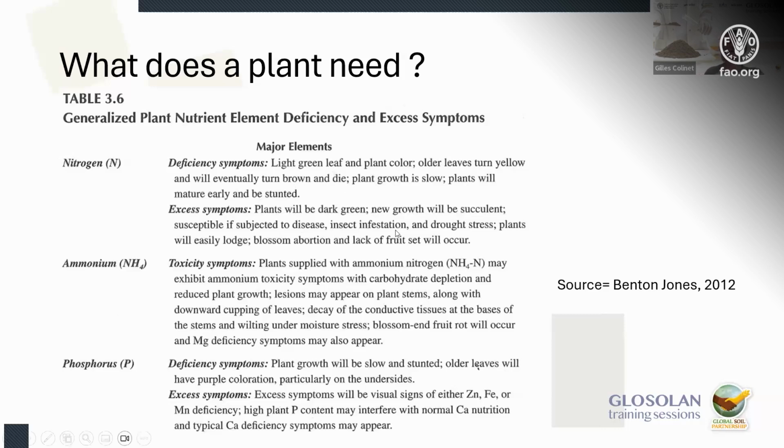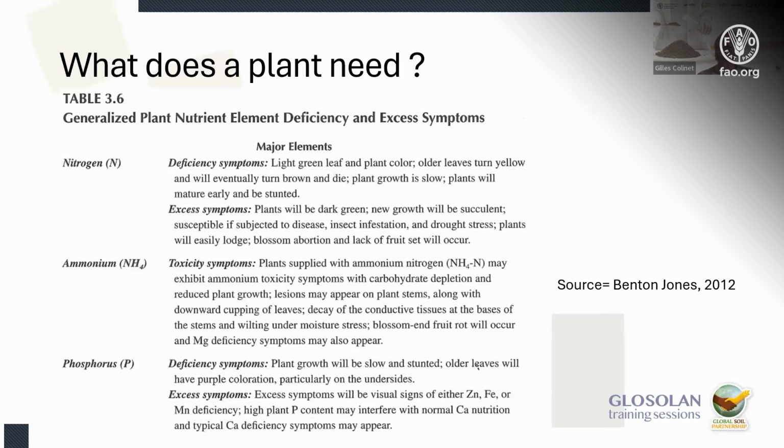And at the opposite, when you have excess of nitrogen in the soil, the plant will be dark green. You can have insect infestation, drought stress, and so on. Sometimes you can also have, I don't know the English name, a kind of falling down of the cereals.